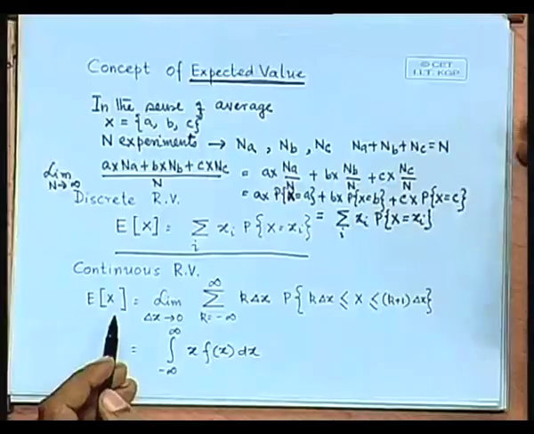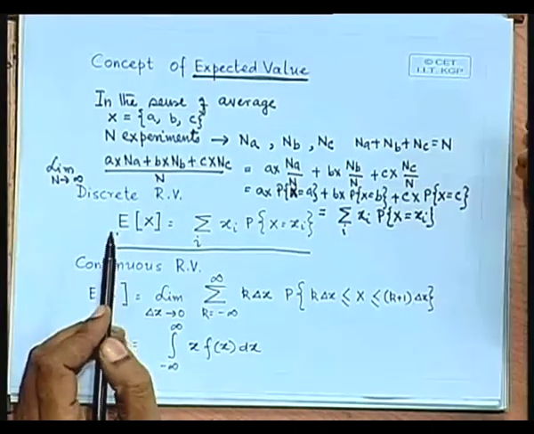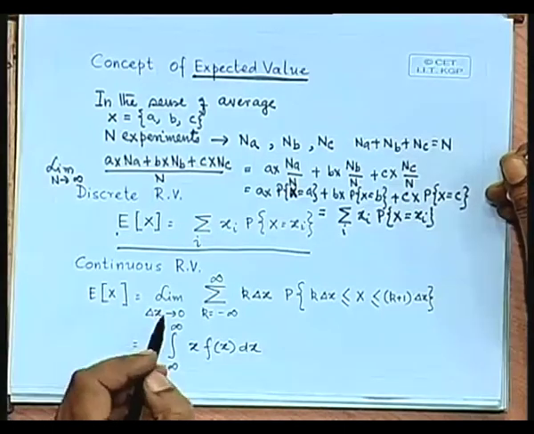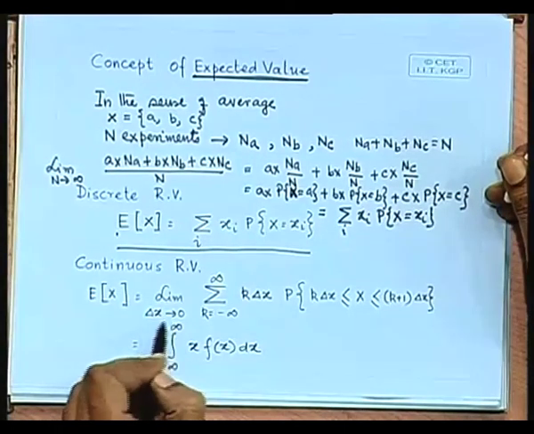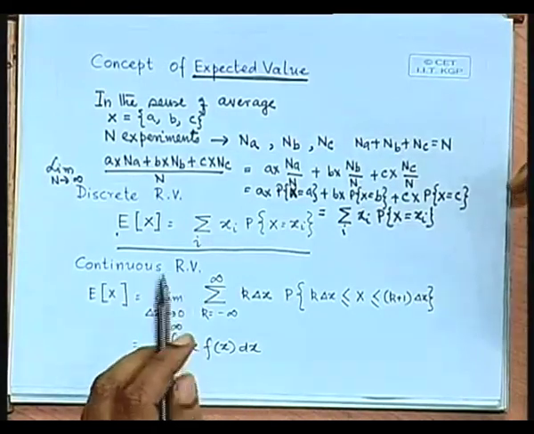We want to write this summation for a continuous variable also, and we write that if we take very small intervals, so limit of delta x tending to 0, then the number of intervals will become infinity.